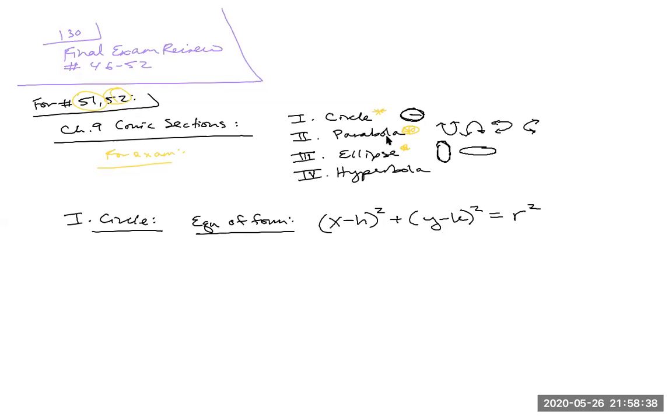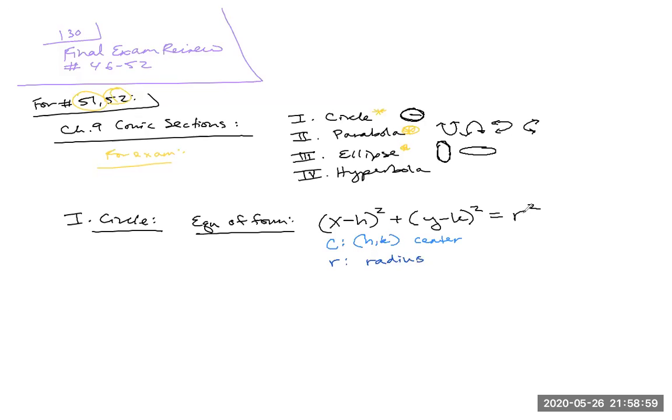Some things of note: (h, k) is where your center is located, and r is your radius.